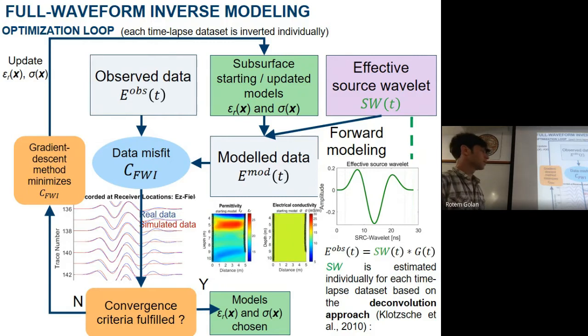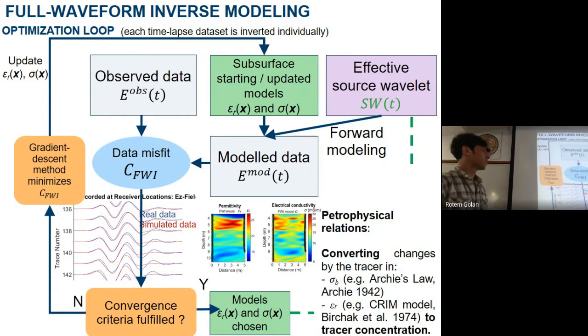And here, if we started with this kind of starting model, this may be one of our final models, which are the distributions of the permittivity and the electrical conductivity. Then, based on these geophysical properties, using petrophysical relations, we can convert each of these properties into the tracer concentrations.